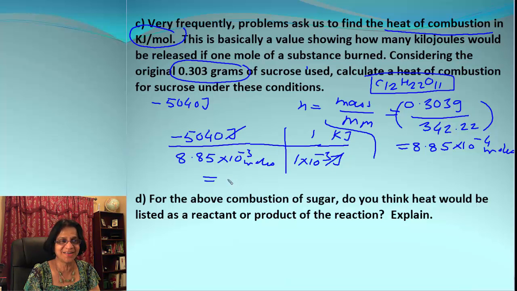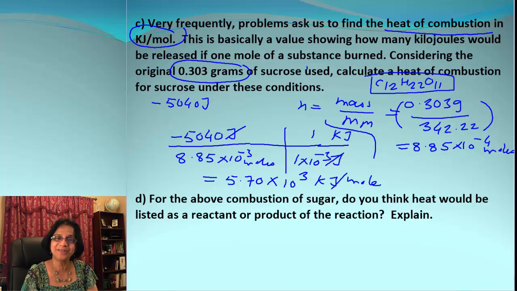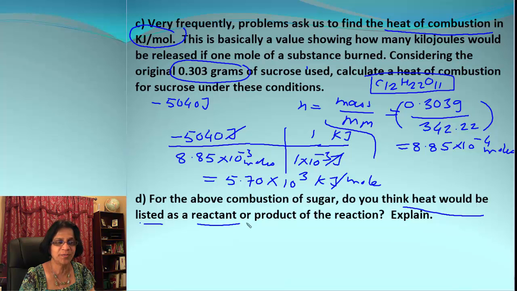And when we solve, what do we get? It is 5.70 times 10 to the third kilojoules per mole. Now look at the next question. It is asking whether the heat listed would be a reactant or product. Delta H, which we got, had a negative value.